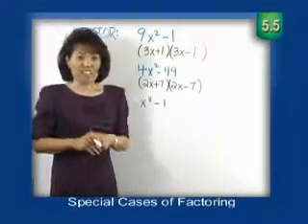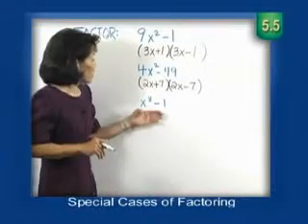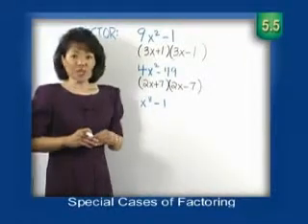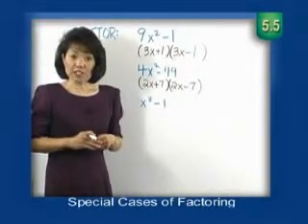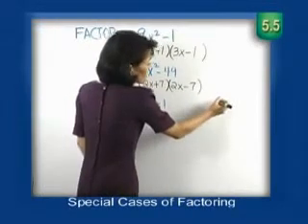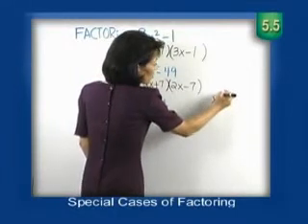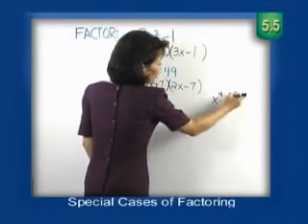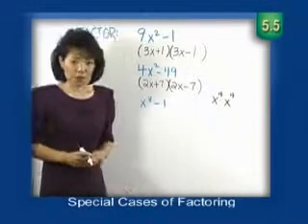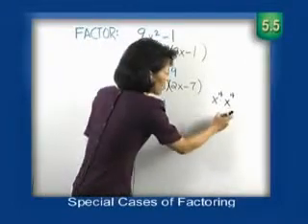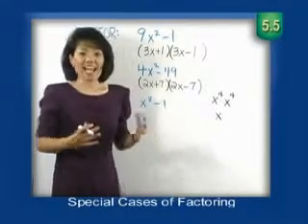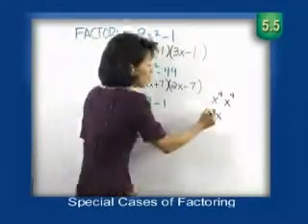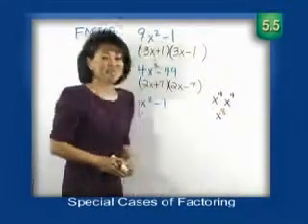X to the 8th minus 1. Now, that may be difficult for you to recognize, but x to the 8th is actually a perfect square. In fact, if we go back to our exponent rules, x to the 4th times x to the 4th is x to the, remember this rule? When we're multiplying monomials, we're going to add those exponents. 4 plus 4, 8.